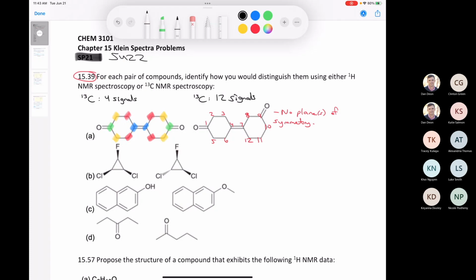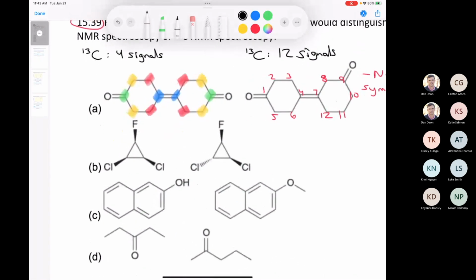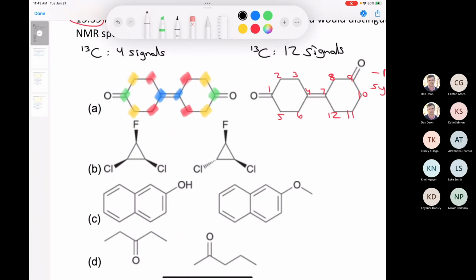Let's try B, and let's take it from the approach of carbon-13 again. If we look at B, and if we look at the first one, this compound here, hopefully you can clearly see that there is a plane of symmetry going through the molecule like this. In this compound, there isn't a plane of symmetry.